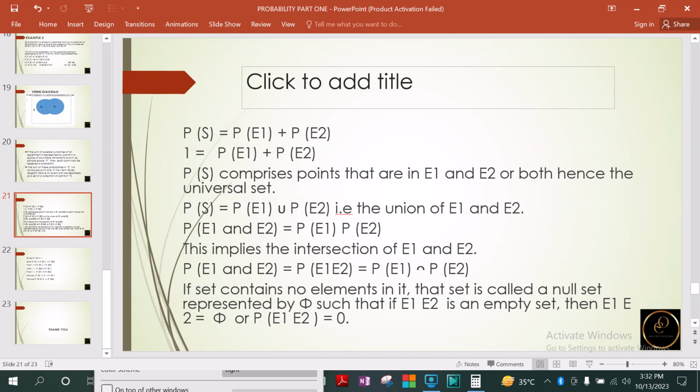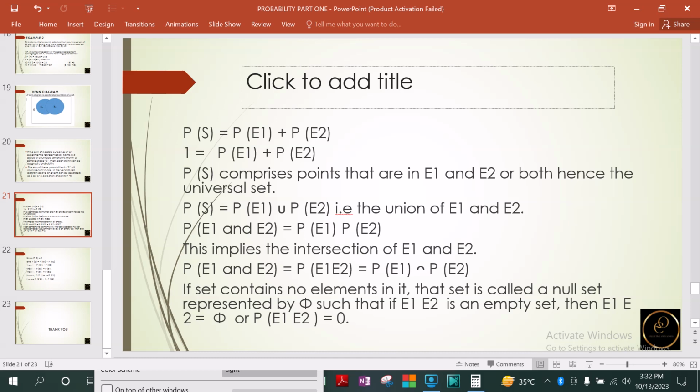So we are saying probability of sample space, if you have events E1 and E2, then it simply means when you look at the sum of events 1 and events 2, that will be the sample space, because those are the total possible outcomes.